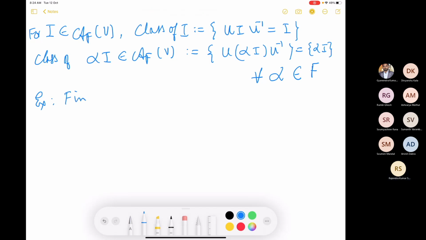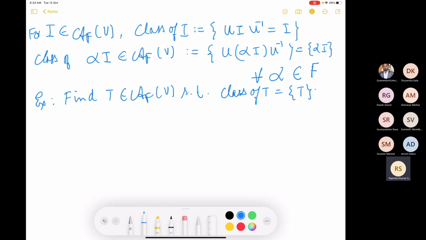Find T in A(F,V) such that the equivalence class of T consists of only T. Now, this class definitely has elements. If nothing else, it has T only.